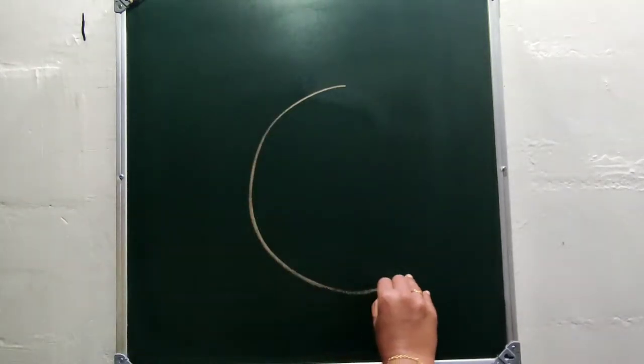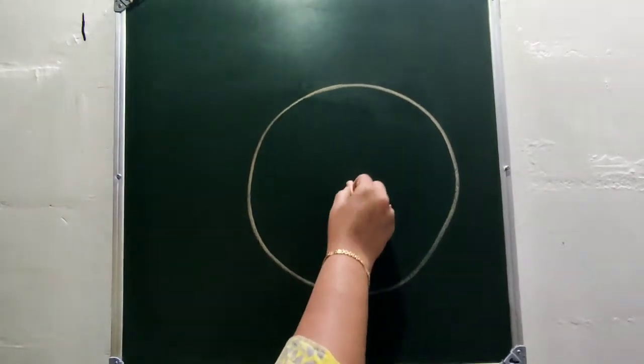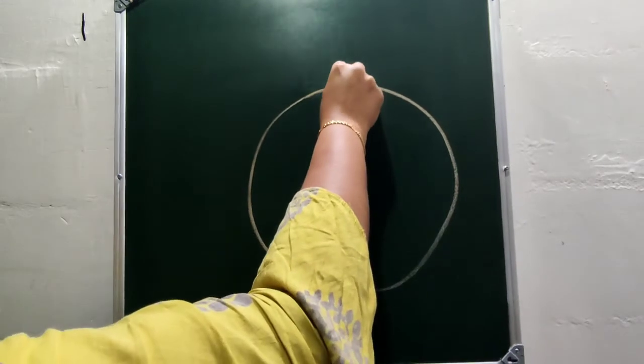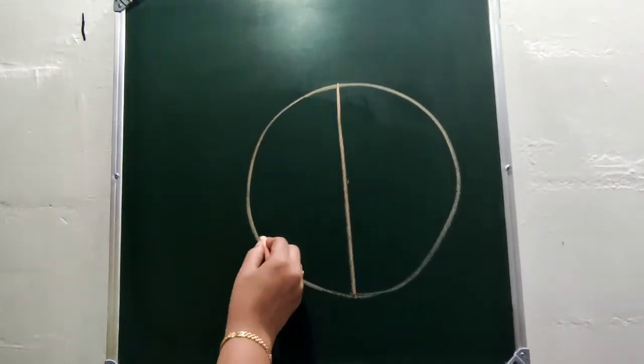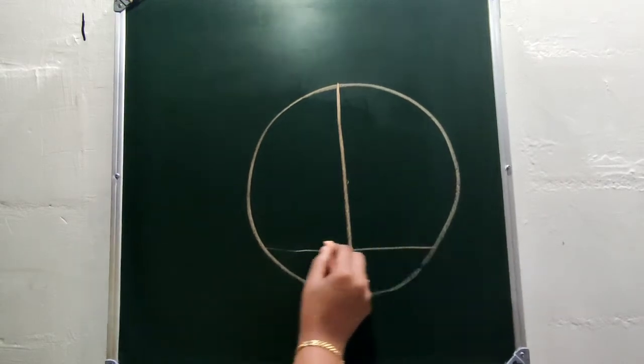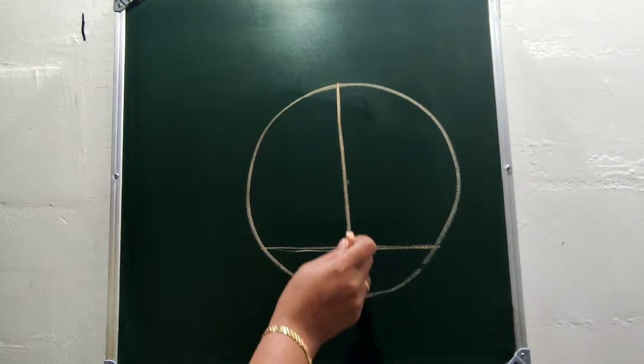It is also an important construction, and the idea behind it is this. Here is a circle with center O, and if AB is a diameter of the circle and CD is any chord perpendicular to the diameter, then we have the result.